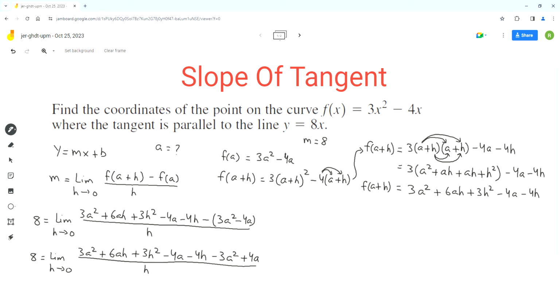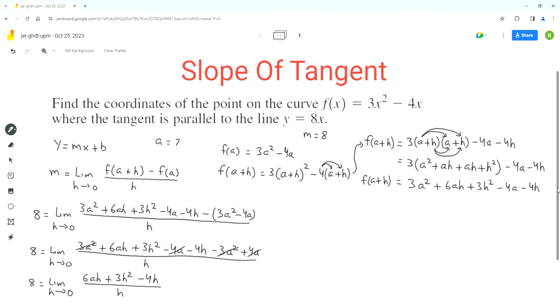Now we can cancel out like terms. 3a squared and negative 3a squared cancel each other out. Negative 4a and positive 4a cancel each other out. So we get 8 equals limit h approaches 0 of 6ah plus 3h squared minus 4h over h. Now we cannot apply the limit to this expression yet because h is in the denominator.